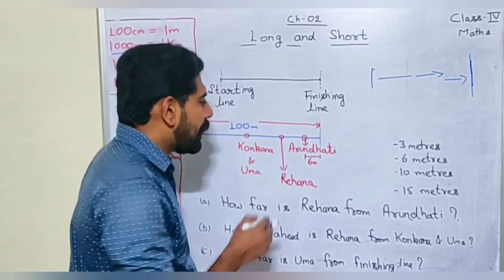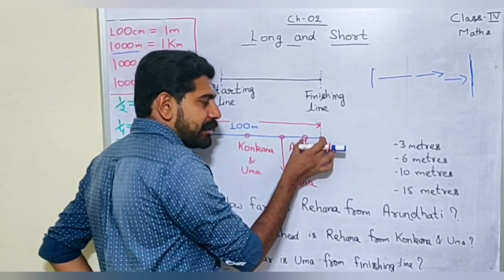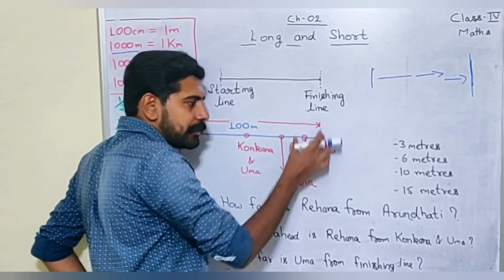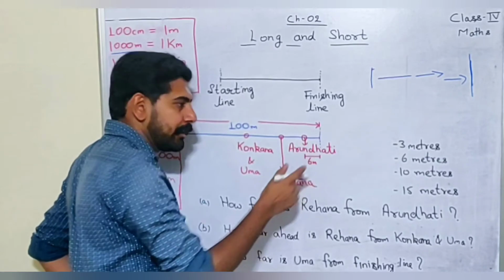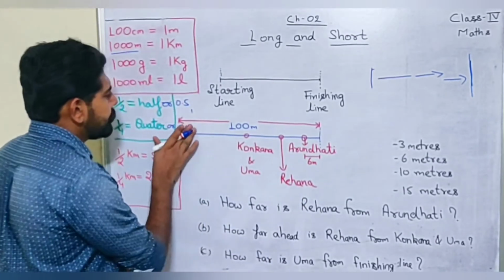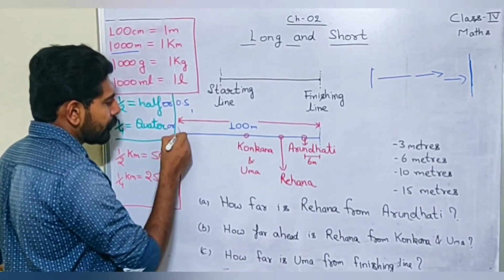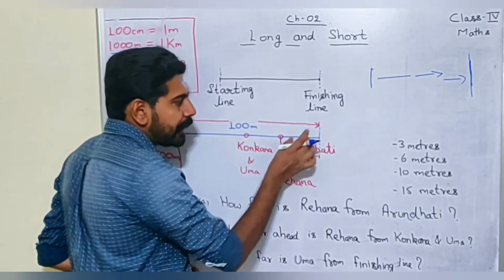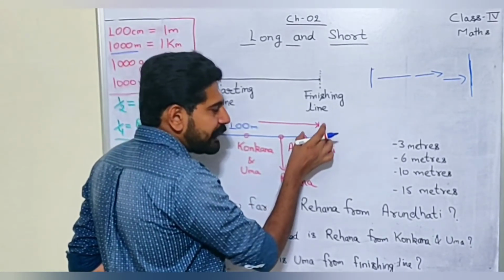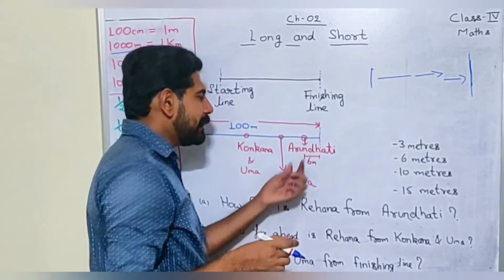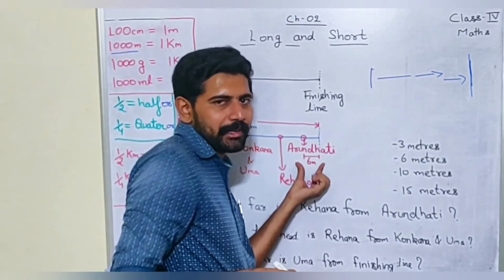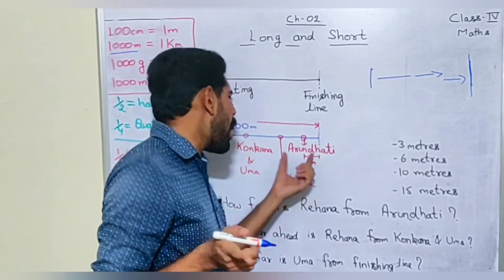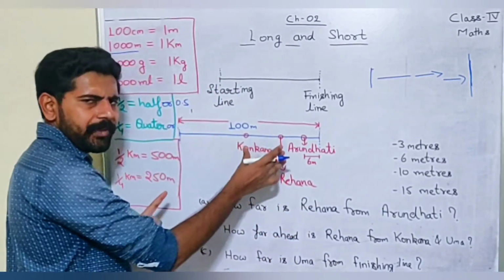At that time, Arundhati was just 6 meters before the finishing line. That means from here she has reached this point, but to reach the finishing line she still needs to run 6 meters. Can you guess how many meters she had run? How many meters?